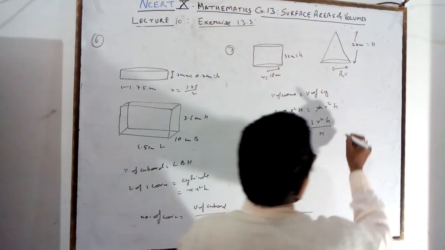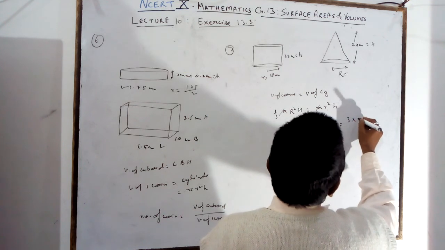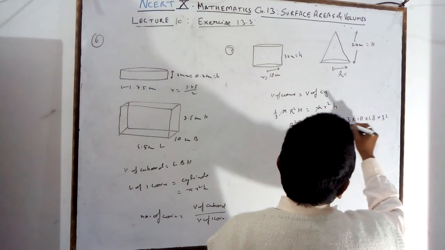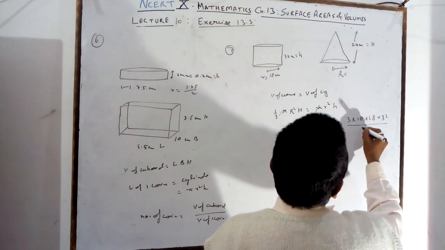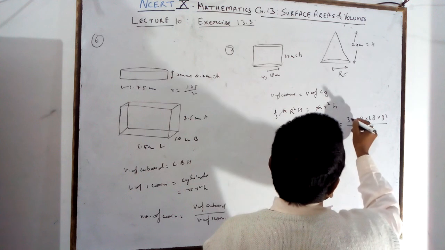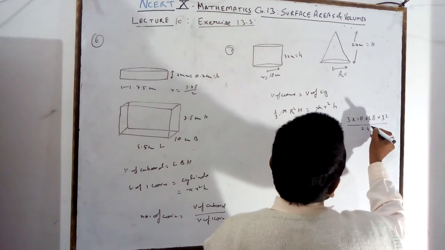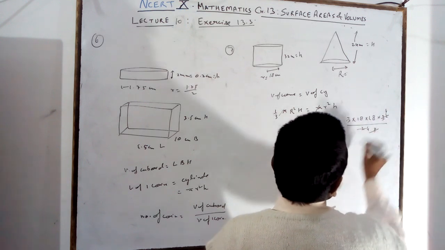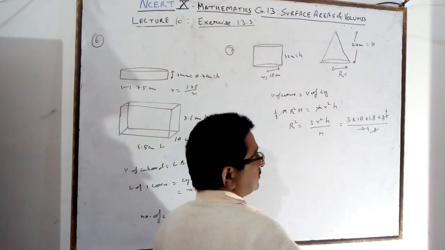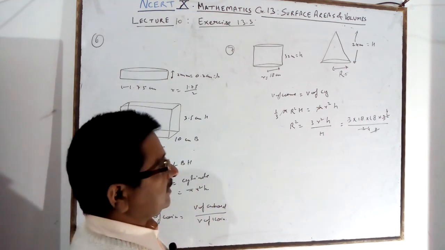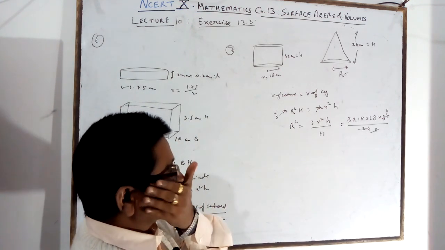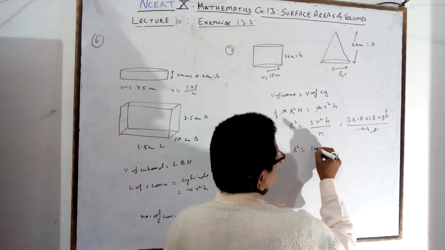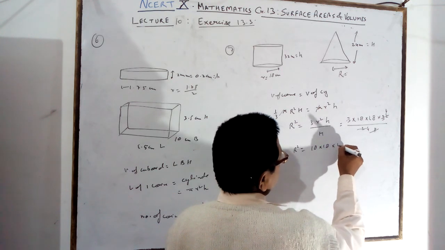You are getting 3 into 18 into 18 into 32 divided by 24. 3 8s are 24, 8 4s are 32. So R square is equal to 18 into 18 into 4.